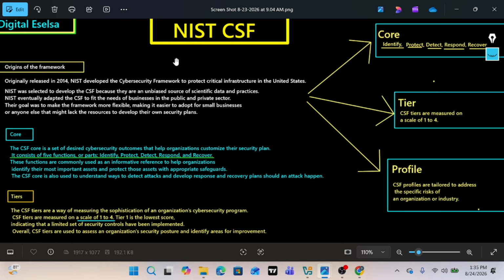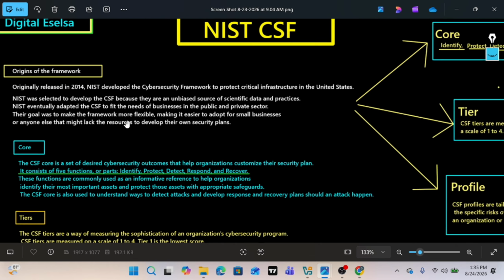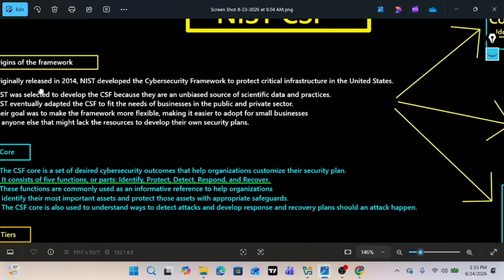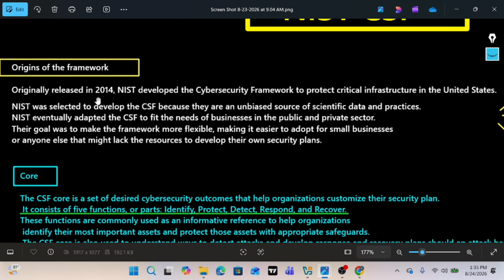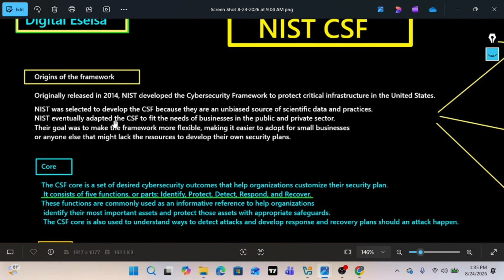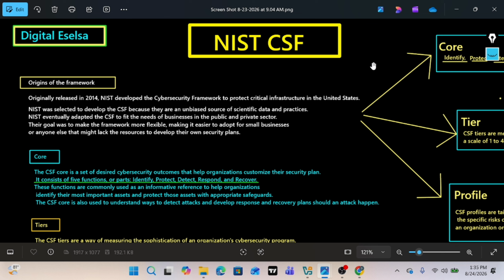And NIST is the best to do the job. I think NIST originally released the NIST cybersecurity framework in the year 2014. They were the ones that developed the cybersecurity framework. I think NIST is part of the United States government.